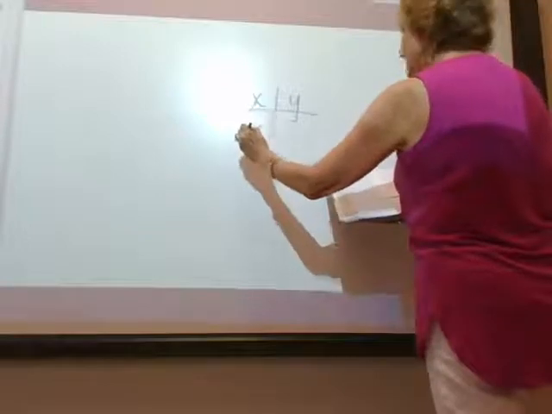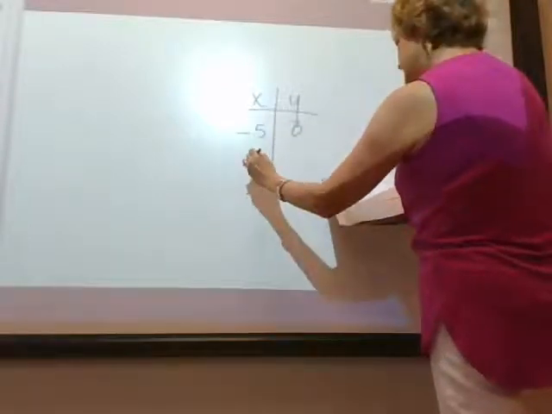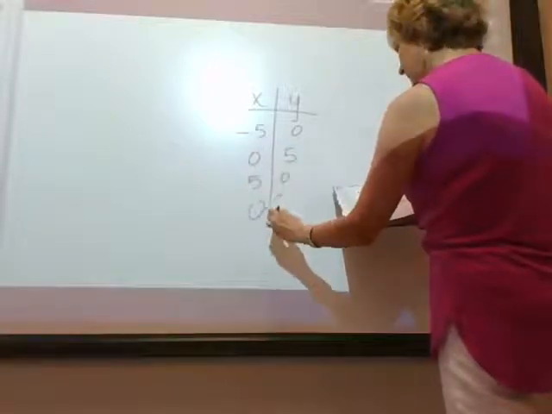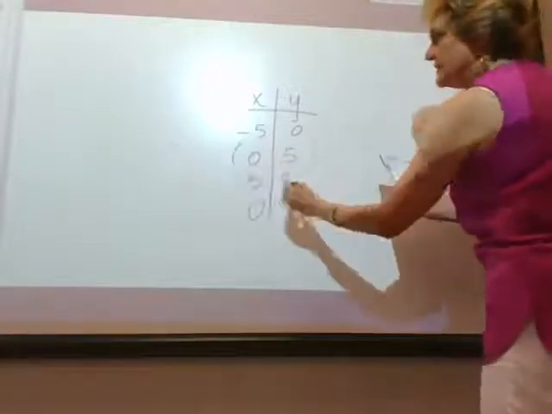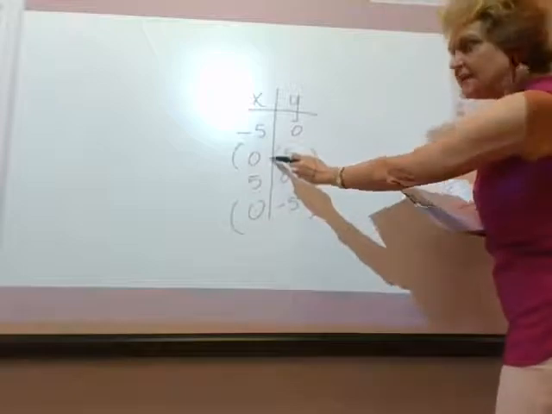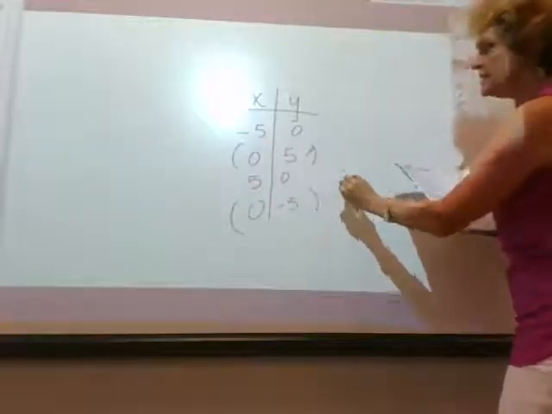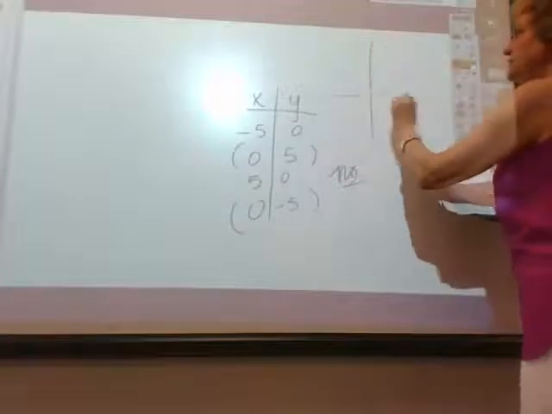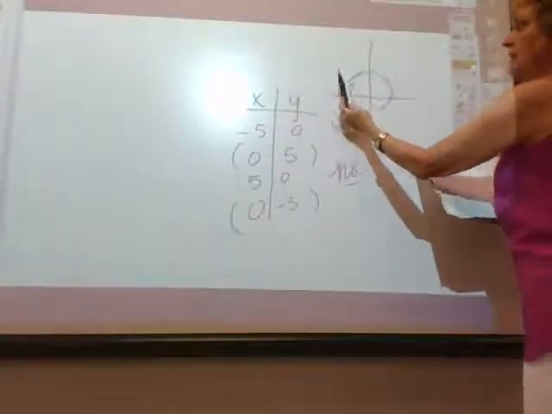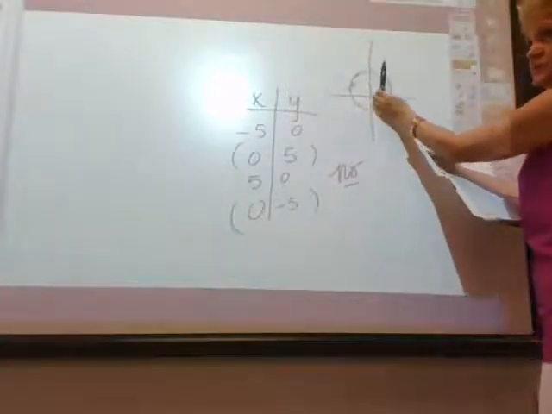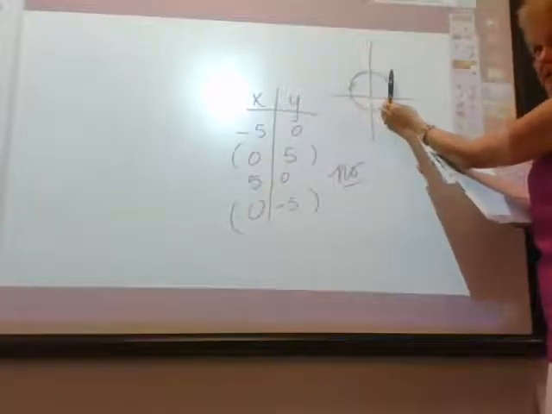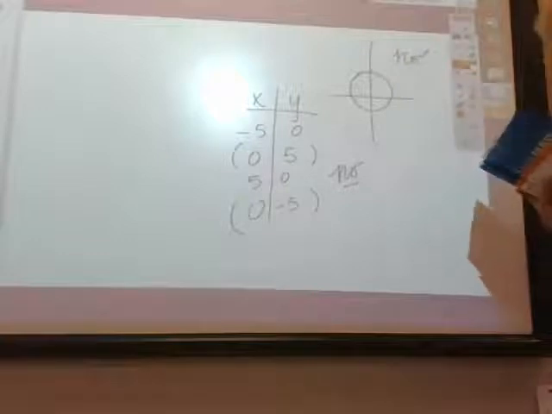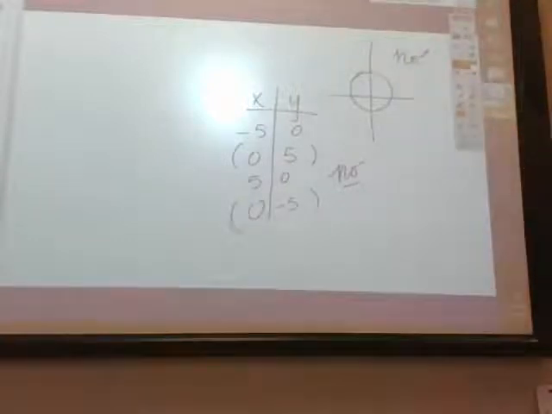But even on the table, you should be able to see it. Because look here, isn't there a set of ordered pairs where an X is matched with different Y's? So right there you can determine it's not. And also when you look at the circle that you draw, there are places where this circle is going to cross my vertical line more than once. So by both tests, it is not a function.